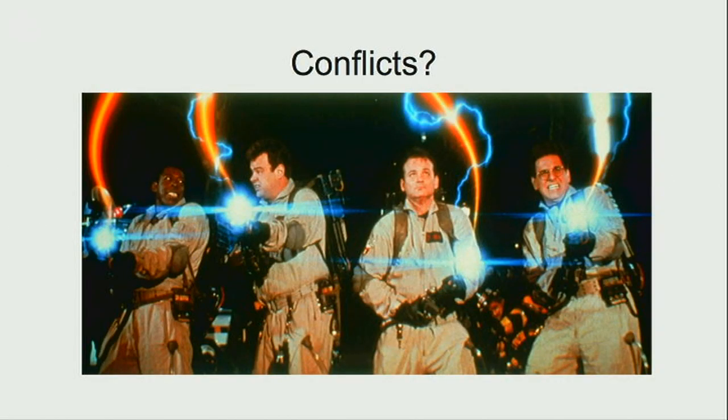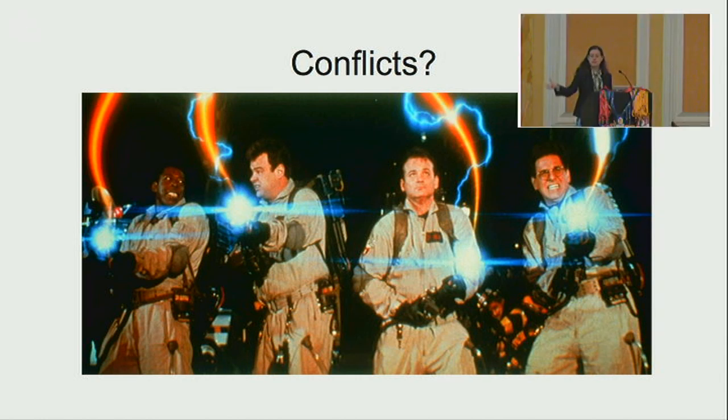Obviously, there's a bit of an issue, potentially, with conflicts. If you have a really large number of third-party modules, you could end up in a situation where one thing relies on a particular version of an extra module, and another relies on a different version. So what do you do? How do you decide which version to use?